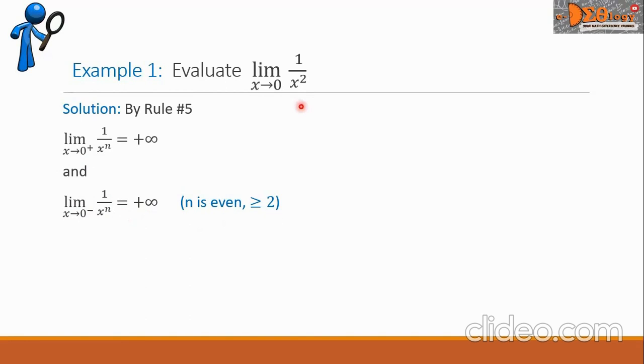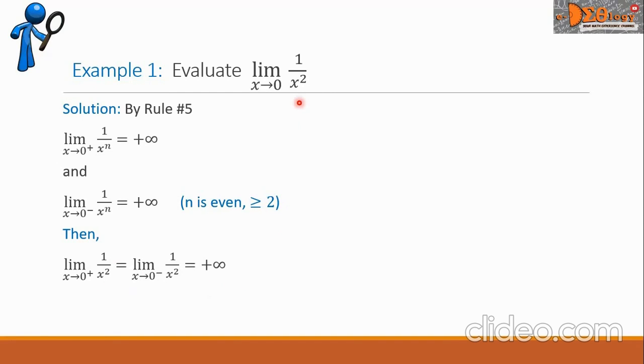Considering our problem here, we can say that the limit of 1 over x squared as x approaches 0 from the right is equal to the limit of 1 over x squared as x approaches 0 from the left, and this is equal to positive infinity.